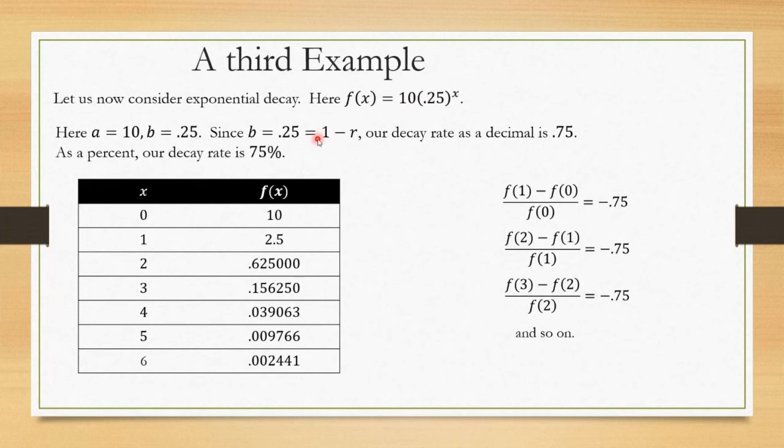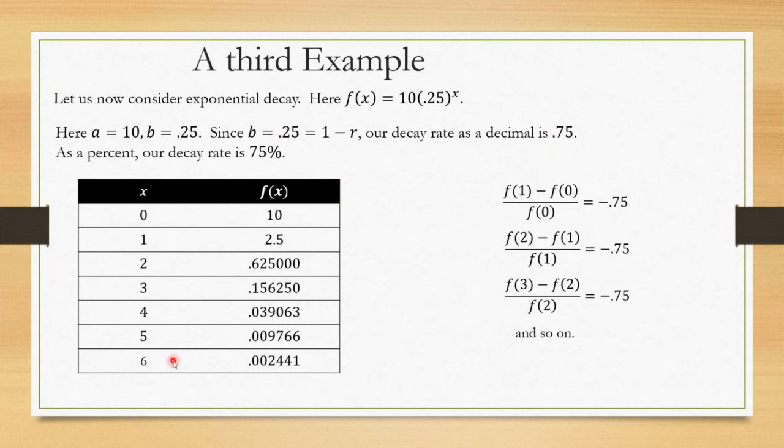And how do we get our r? Well, again, that's what I'm doing here. Basically here we have 0.25 is 1 minus r. So you just algebraically solve. Essentially you're just going to add r to both sides and subtract 0.25. You get r is 0.75. That's the decay rate, which again means the function values are decreasing at a rate of 75%.